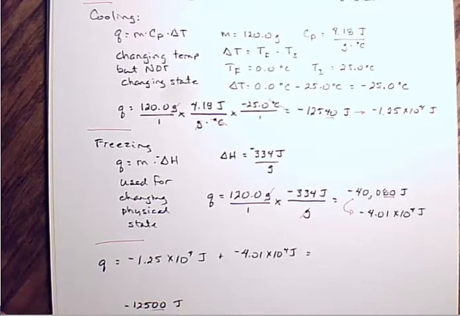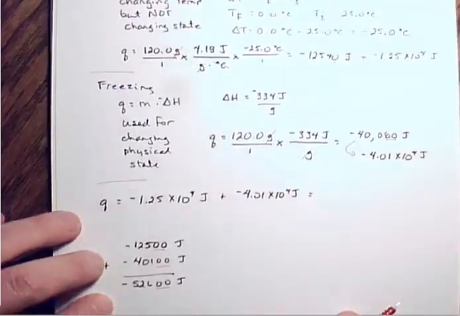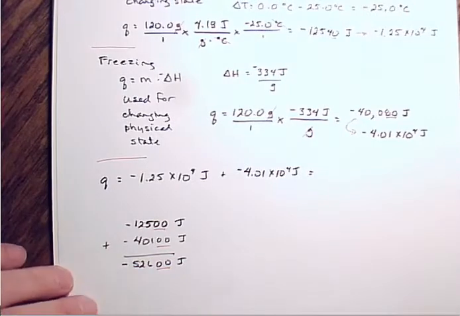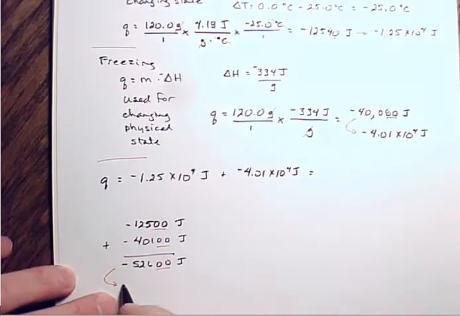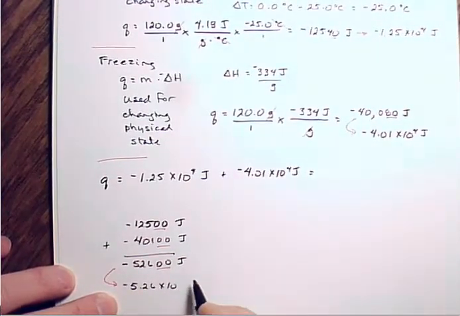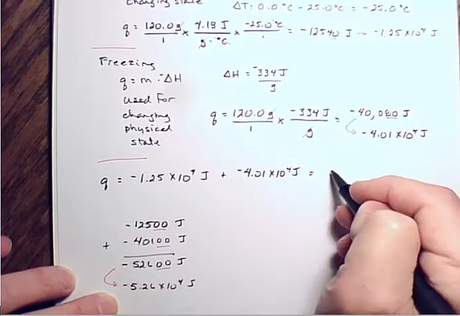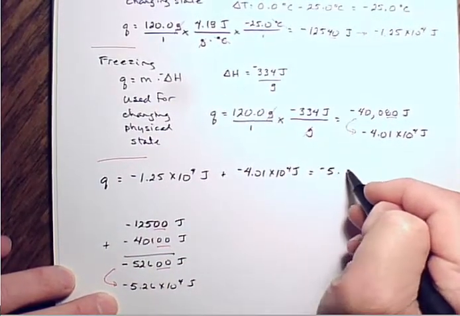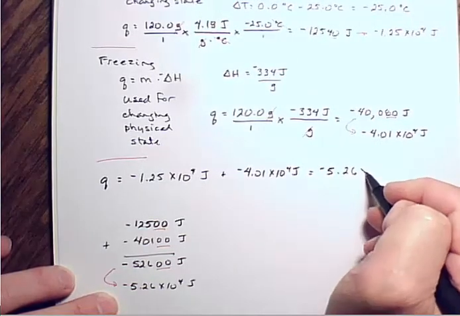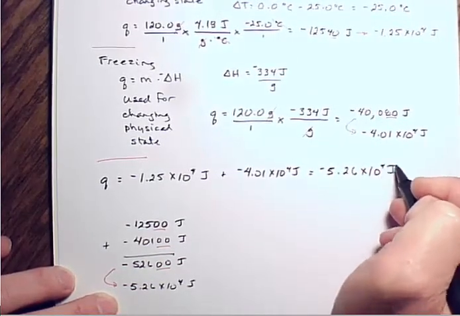So we add those together, and we get negative 52600 joules, and those two zeros are insignificant. Okay? When we round that off, then we get negative 5.26 times 10 to the fourth power joules. Okay? So negative 5.26 times 10 to the fourth joules.